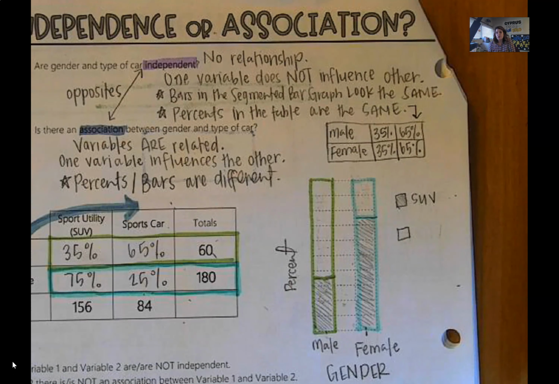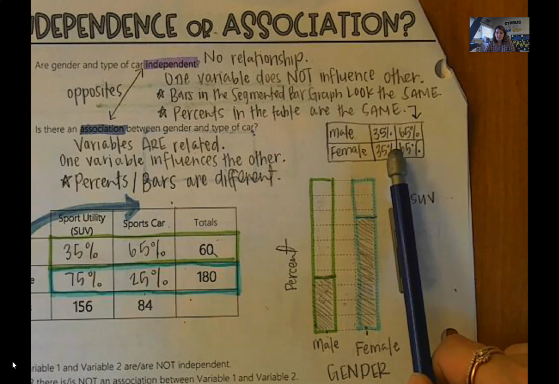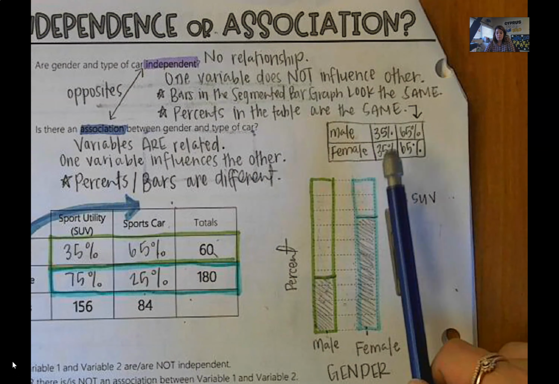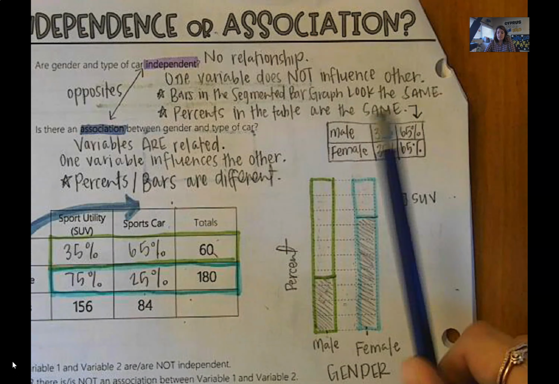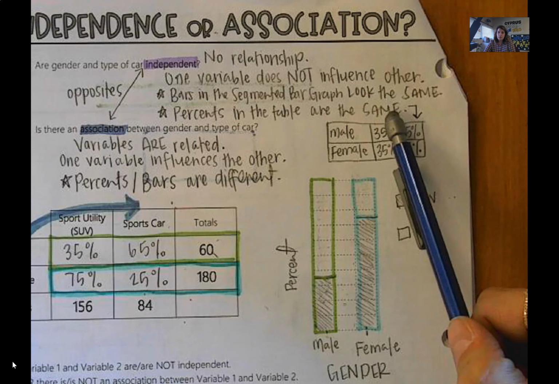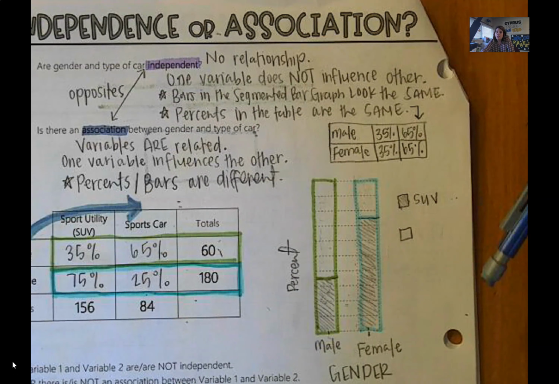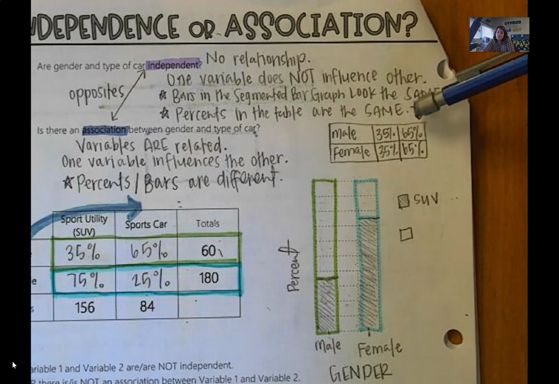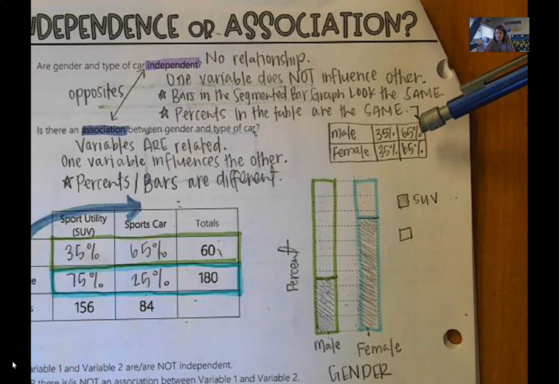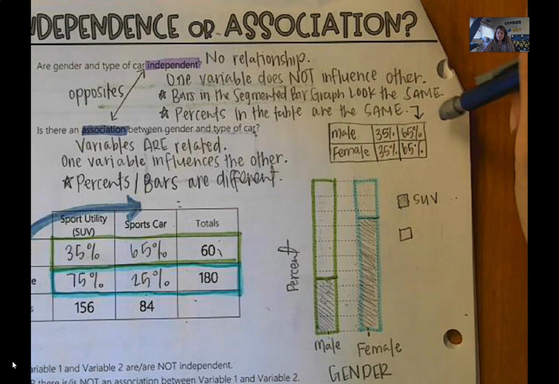If there is no relationship between gender and type of car, then these percentages inside the table would have been exactly the same. The same percent of males and females would drive an SUV. And the exact same percent of males and females would drive a sports car. There would be no difference in the percentages that drove each. So I'm hoping that makes a little bit of sense.